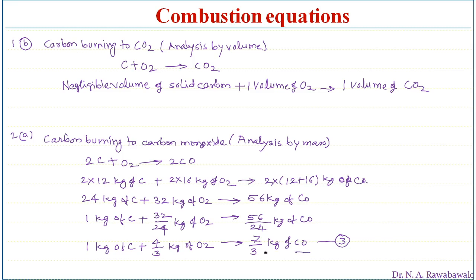Then we'll go for 2b. This is 2a, carbon burning to carbon monoxide, where the analysis is made on the mass basis.